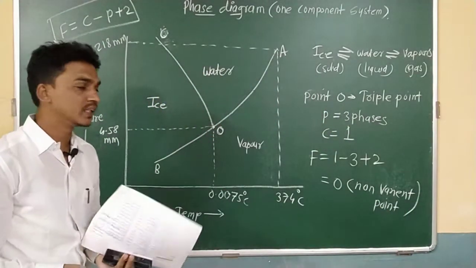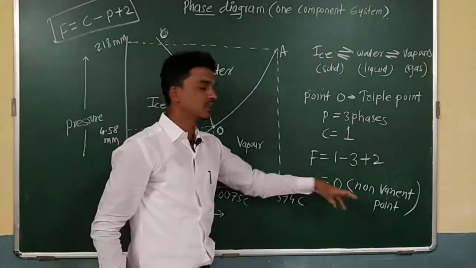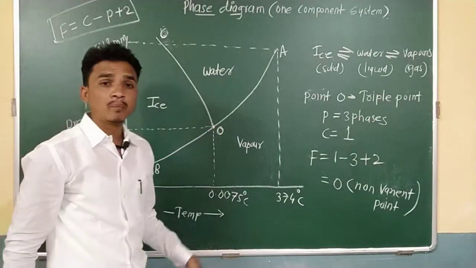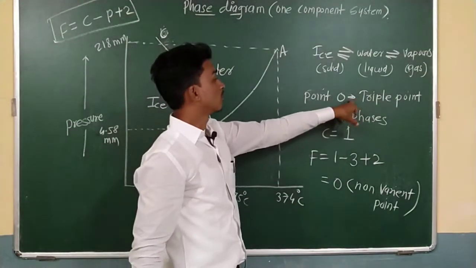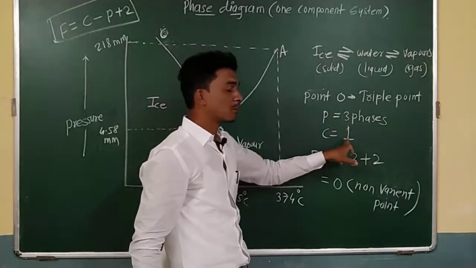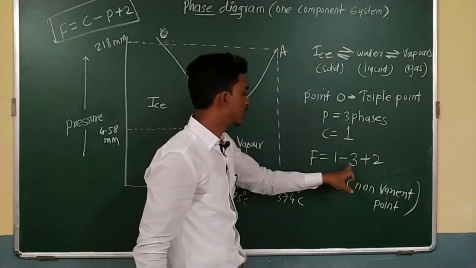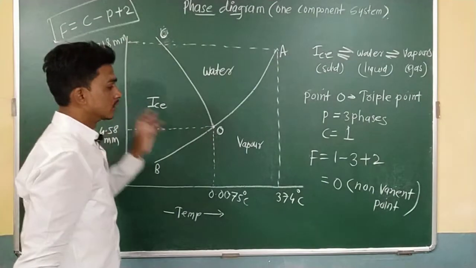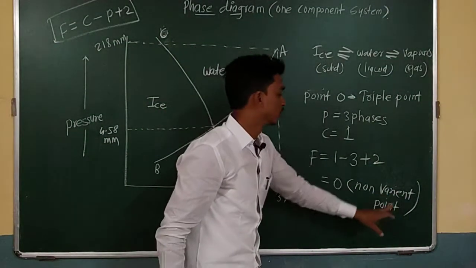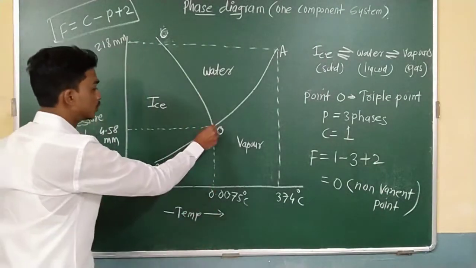If one variant is there, we say monovariant; if two variants are there, we say bivariant. But at point O, the triple point, three phases are present in a one-component system. That's why, using the phase rule, the degree of freedom is 0, and we say this is non-variant. That means there is no change.